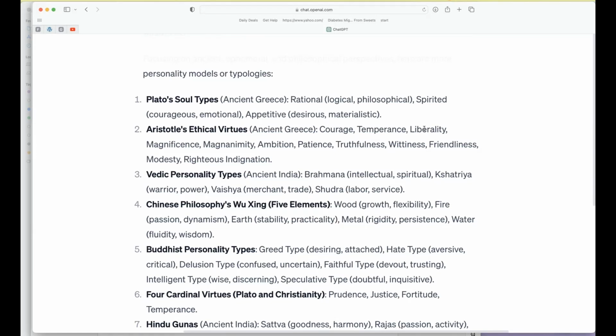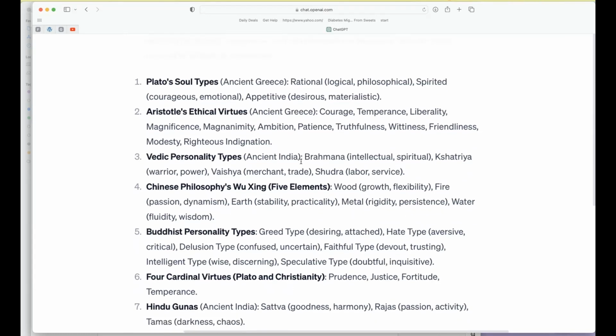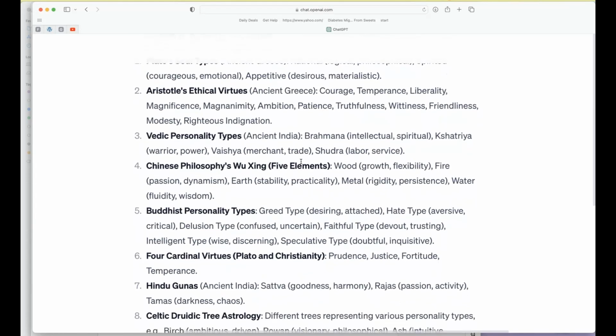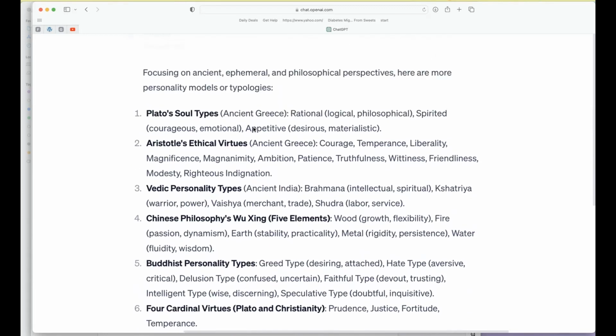Is that 12? One, two, three, four, five, six, seven, eight. Yeah. All right. Righteous indignation. The Vedic personality types from ancient India. Again, I don't know if these were used for personality typing, but they are saying they are. In fact, I think Ben Franklin derived his 13 virtues from Aristotle's ethical virtues.